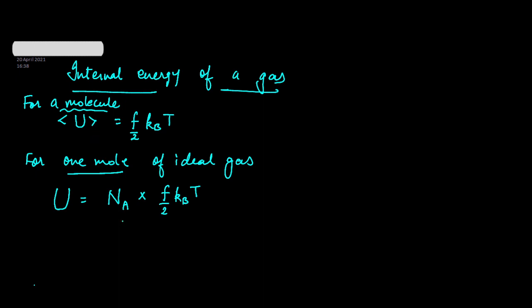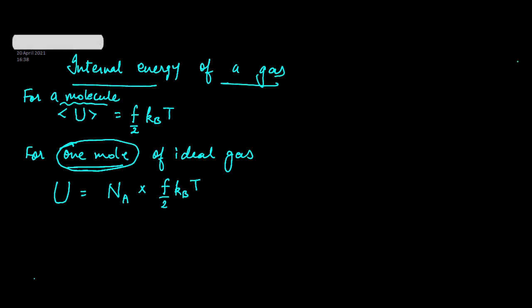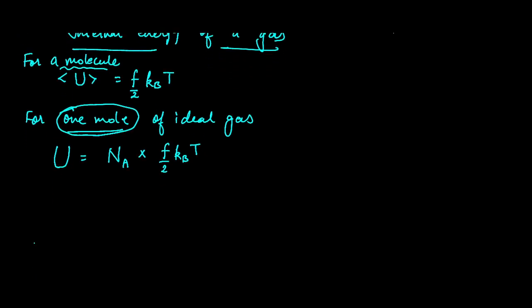But now when we do it for 1 mole, which is Avogadro number of molecules, we are finding this for an entire mole. So it's like finding the total number of pens that all the students in a class have. I hope you remember the analogy where we found the average number of pens for one student, and now we are finding it for everyone together. So we don't need to write average here.